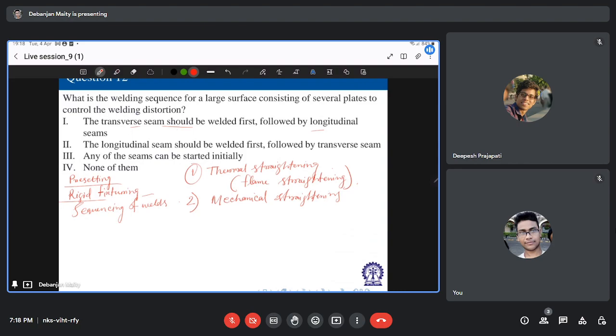So of course, if you do the transverse seam first and then the longitudinal one, you'll get some balance in your distortion and you will end up with less distortion. Are you agreed? Or should it be vice versa?